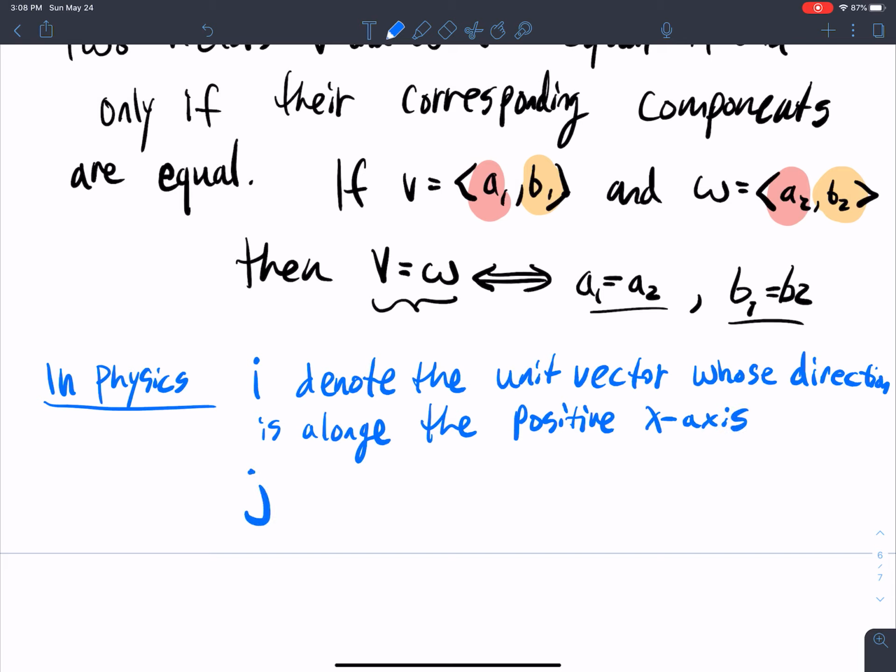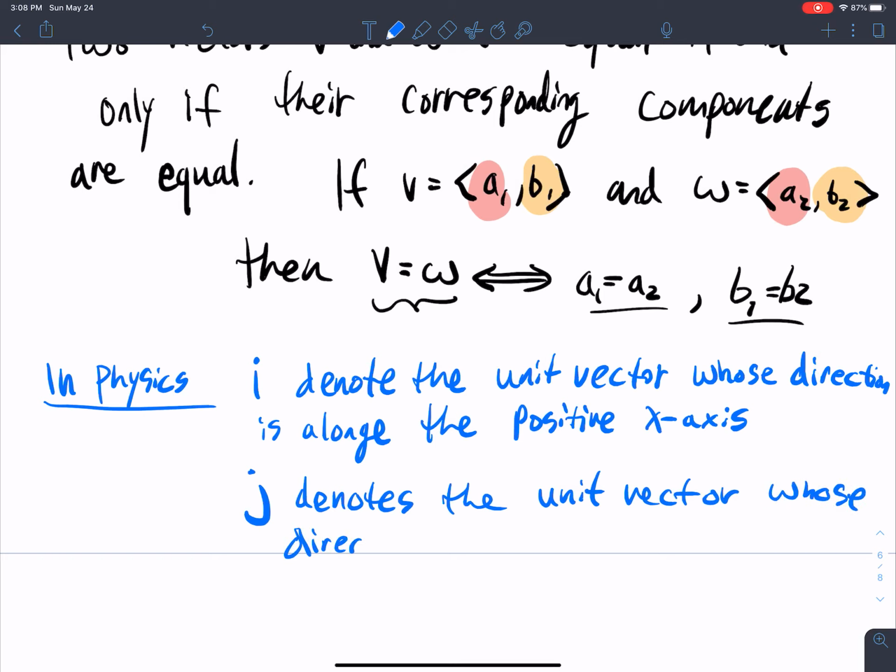And J denotes the unit vector whose direction is along the positive y-axis, okay?